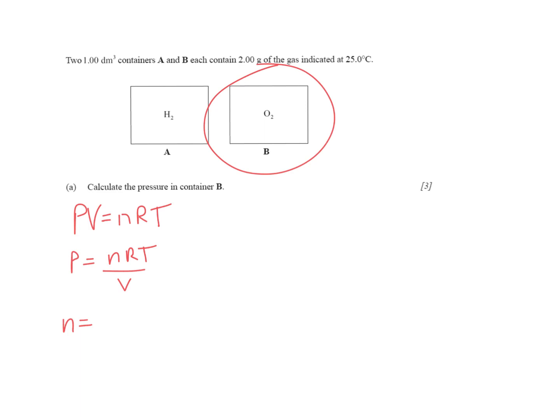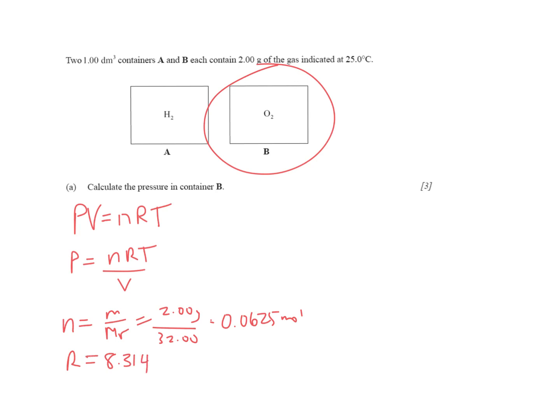So we're going to take mass and divide it by molar mass. We take that 2 grams. Oxygen 16 times 2 is 32. So it's going to be 1/16, which as a decimal is 0.0625 moles.